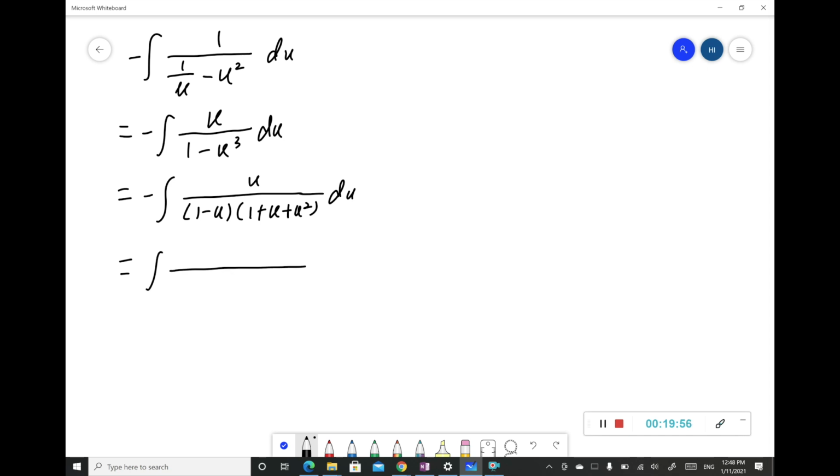For this one, we could bring the negative into the denominator, so it will become u minus 1 times u squared plus u plus 1, and the denominator is the same, u du. For here, we could use fraction decomposition to change this one item to 2 items.